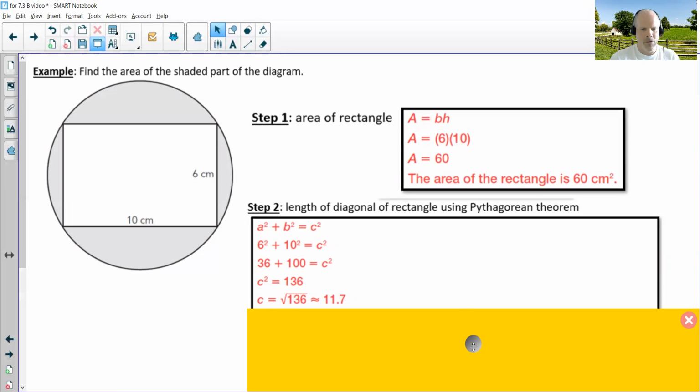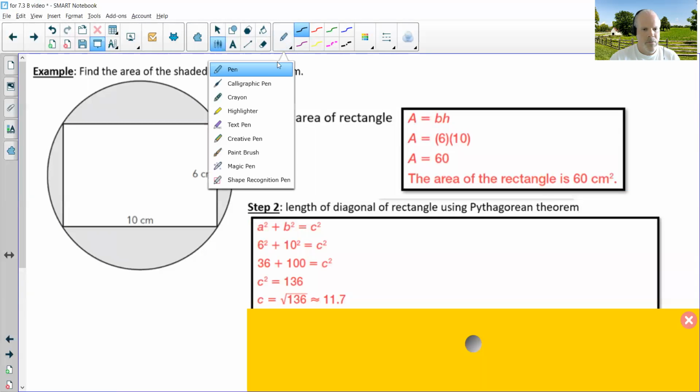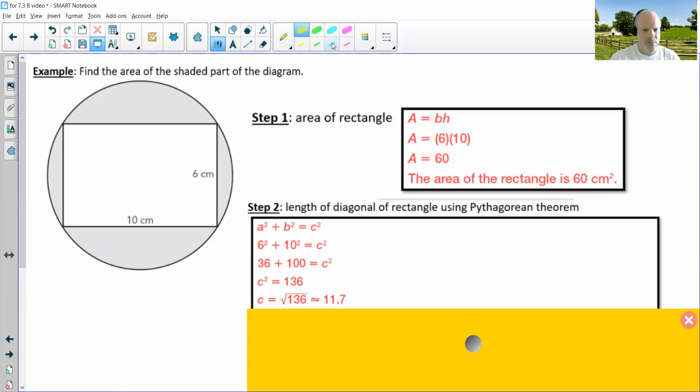Again, remember to round to the nearest tenth. So the length of the diagonal, the length of this segment, is about 11.7.